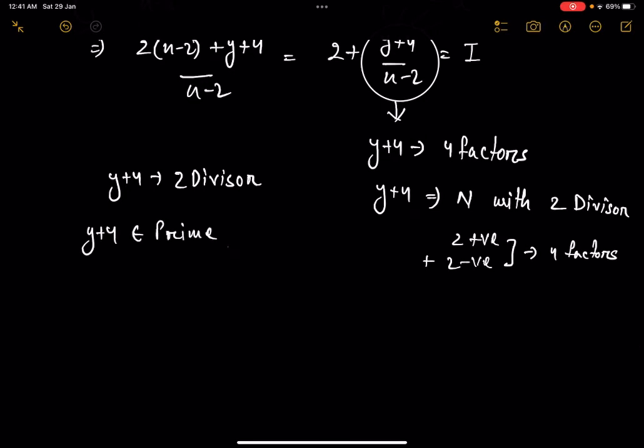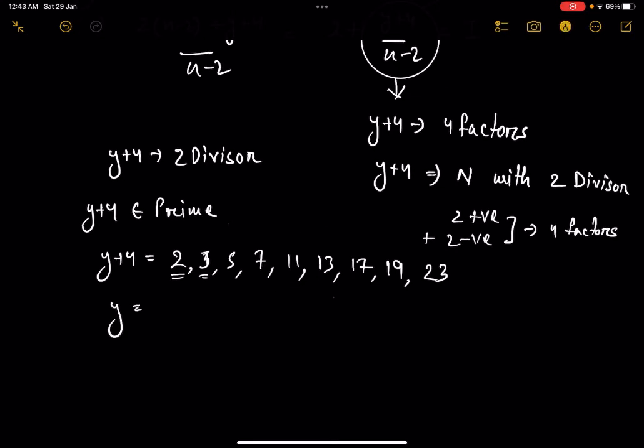So we can list down some of the numbers. That will be y plus 4 equal to, let's say, 2, 3, 5, 7, 11, 13, 17, 19, 23.